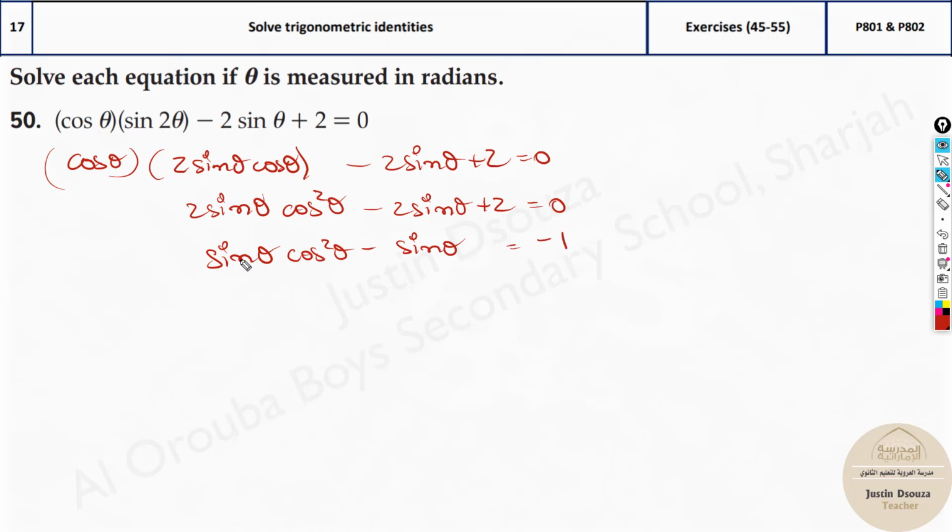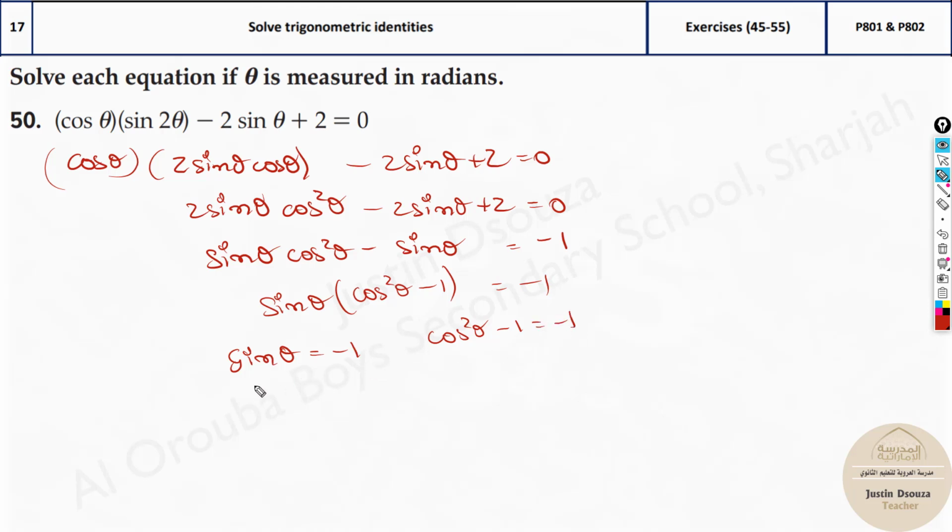Now here I can see sine and sine. Let me take the sine theta common outside. What remains? Cos squared theta minus 1 is equal to negative 1. And now we can equate this to negative 1 and this to negative 1 and solve it up. So sine theta equals minus 1, and cos squared theta minus 1 is equal to minus 1.